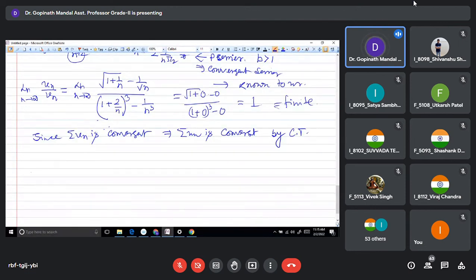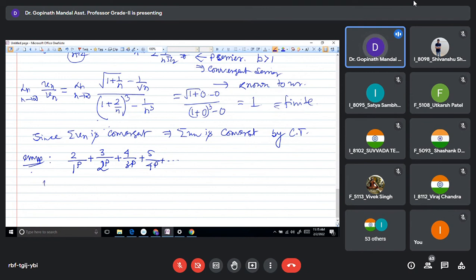Now, take another important example: 2 by 1 to the power p, 3 by 2 to the power p, plus 4 by 3 to the power p, 5 by 4 to the power p, like that. Test the following series for convergence.